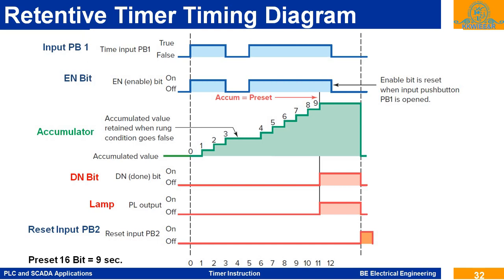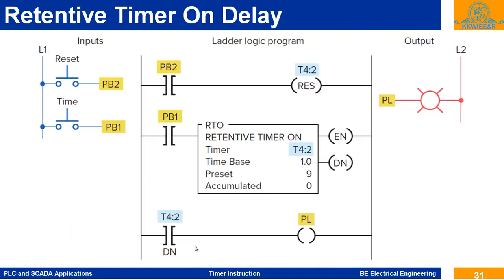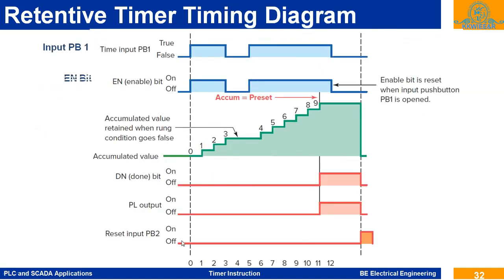But for reset of this retentive type timer, we have to press this reset push button PB2, which has the address defined here, T4:2. When this input button is pressed, the reset instruction is true.